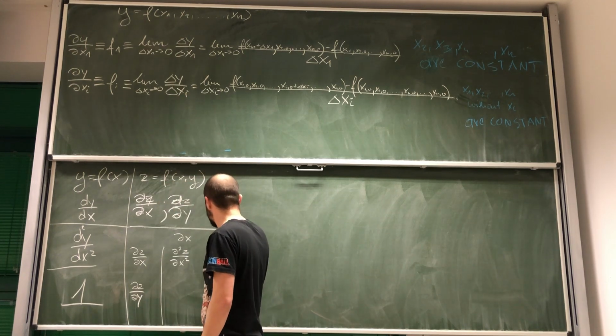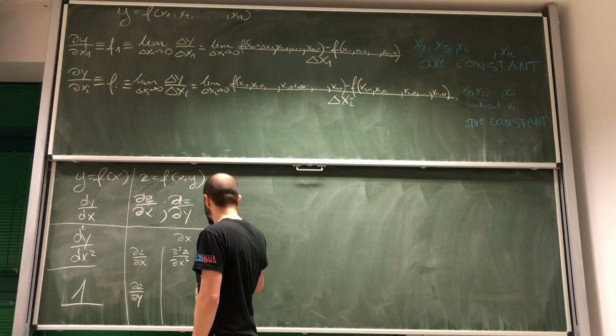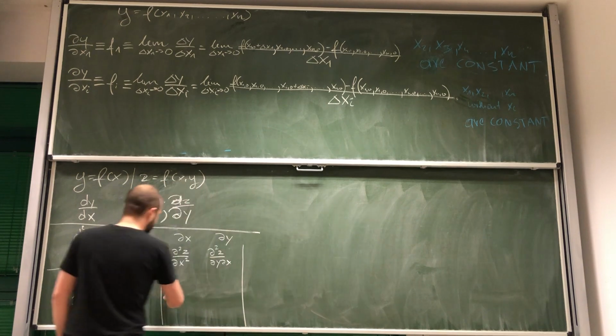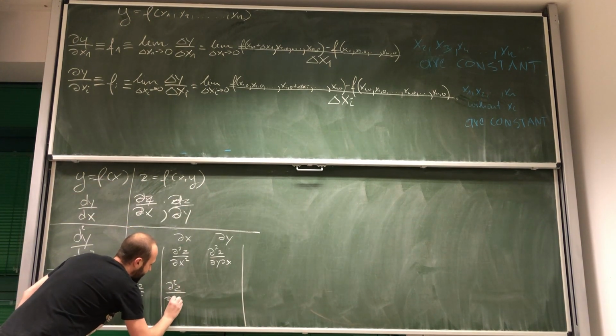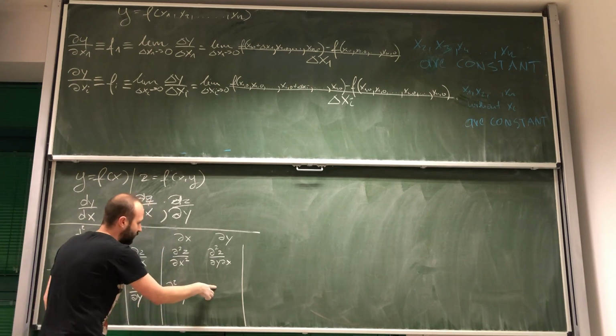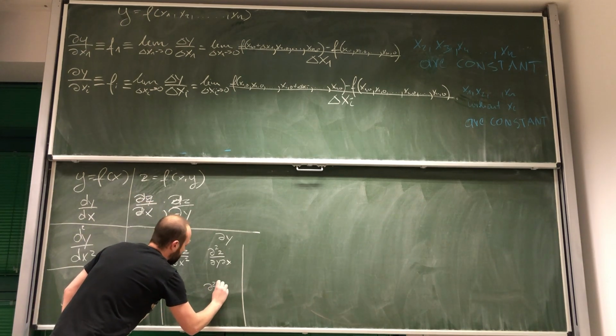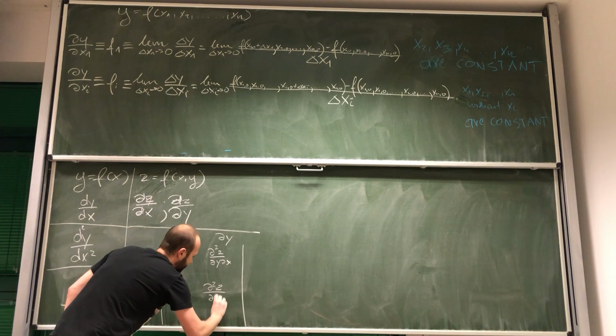Over here, d squared z dy dx. Over here, d squared z dx dy, and over here d squared z dy squared.